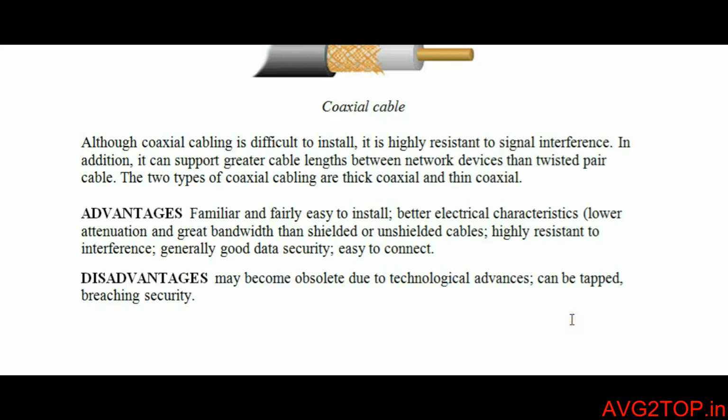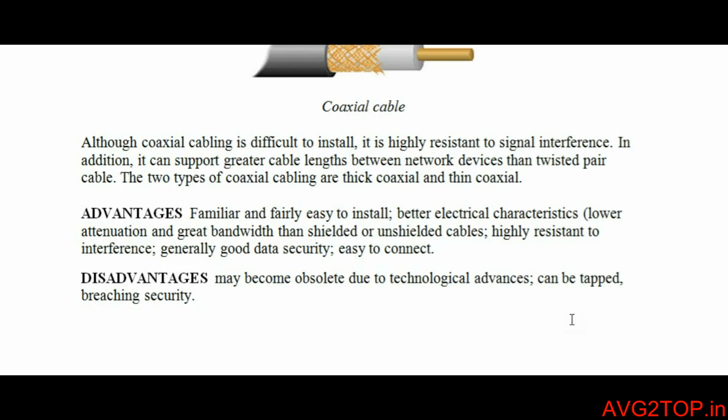Advantages: it's familiar and very easy to install as it's a single cable, and it has greater bandwidth than the shielded or unshielded.